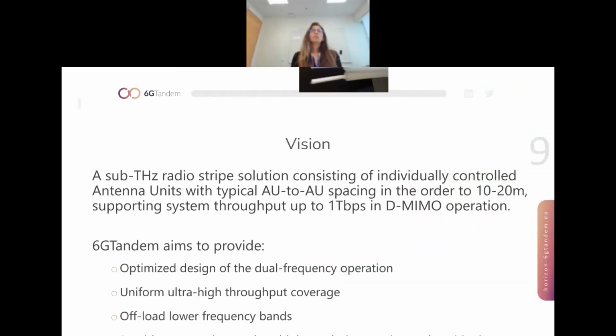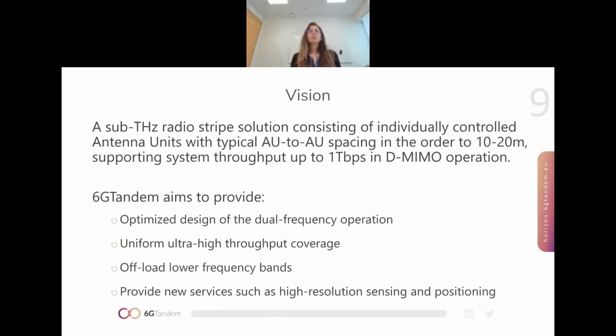So what is the vision of this project? The vision is that we try to combine these two deployments, the sub-10 gigahertz and sub-terahertz radio stripe, with antenna placements in the radio stripe by a range of 5 to 20 meters, and trying to reach up to 1 terabit per second in D-MIMO operation.